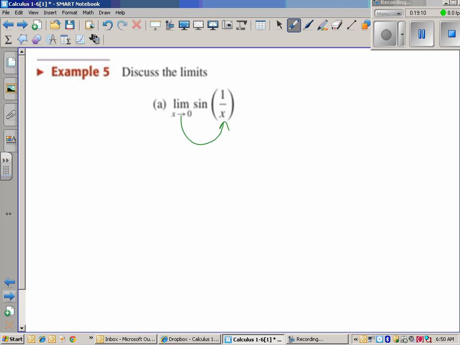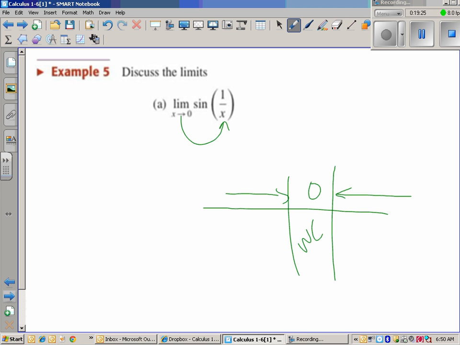However, what I can do is look at numbers as x approaches 0. So I want to look at numbers that are really, really close to 0. Remember, we're going to approach 0, and who cares what's happening at 0? So we're looking at numbers really, really close to 0, and numbers just above 0, okay?